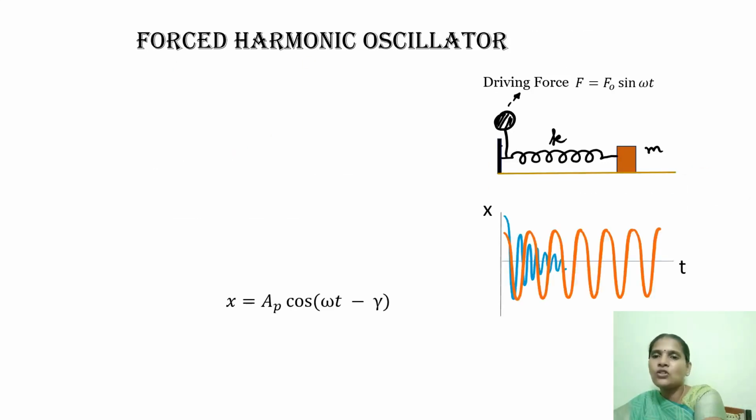In case of forced harmonic oscillator, we assume the solution x equal to A_p cos (omega t minus gamma).